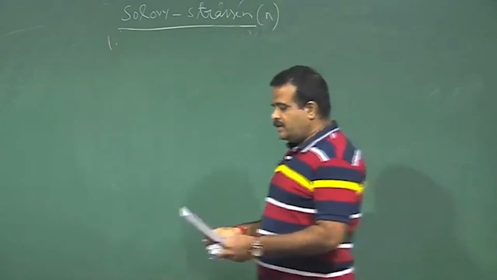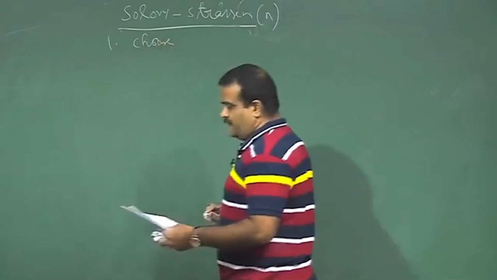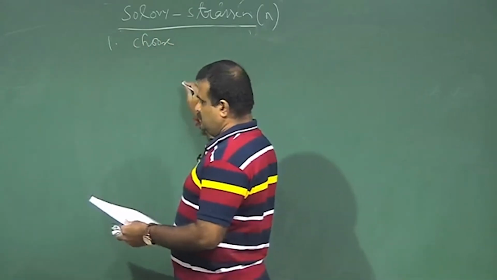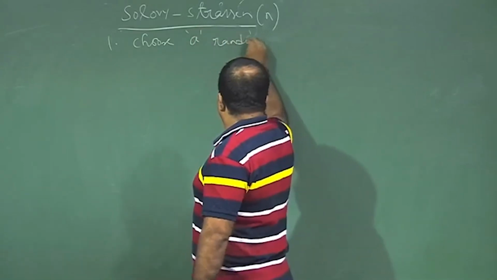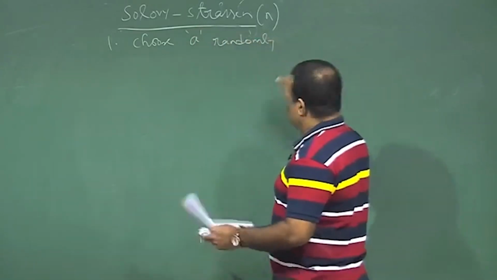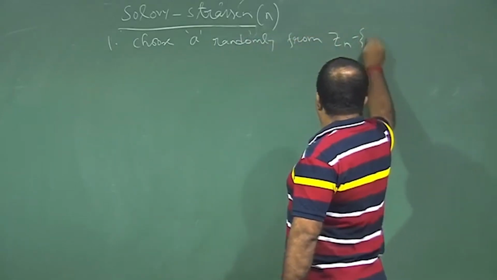Okay. So, what are we doing? We choose randomly an integer a from Zn minus 0.